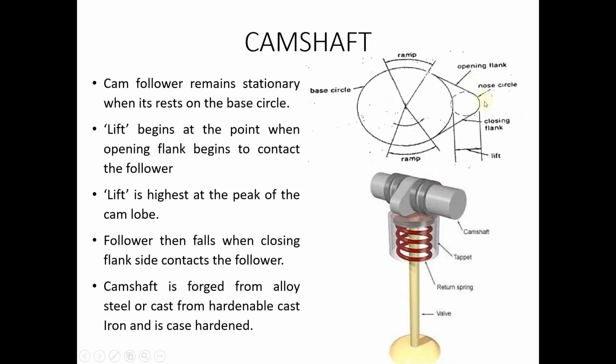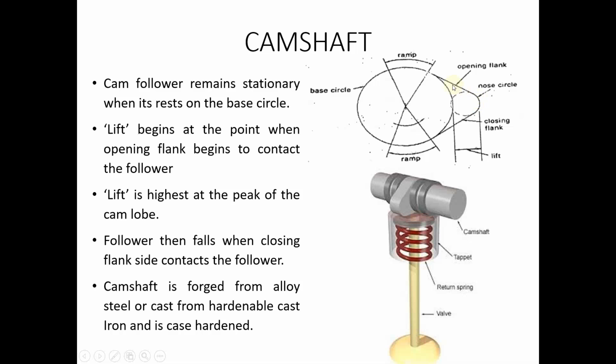And once it reaches the tip of this nose or the lobe section, the lift of the valve is the highest. That means the valve will be open at the maximum condition when the contact is occurring at this tip.